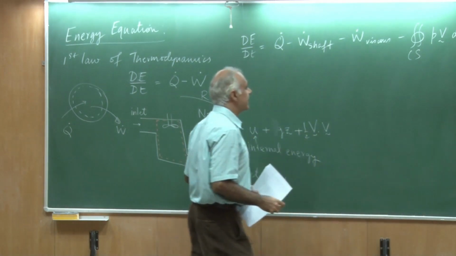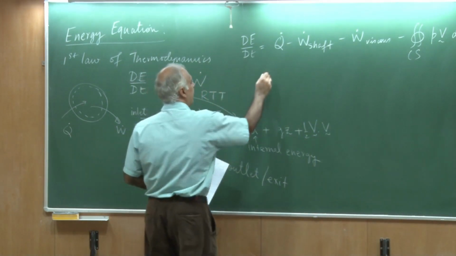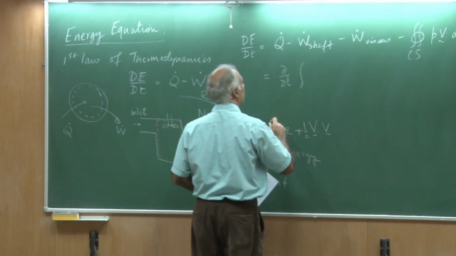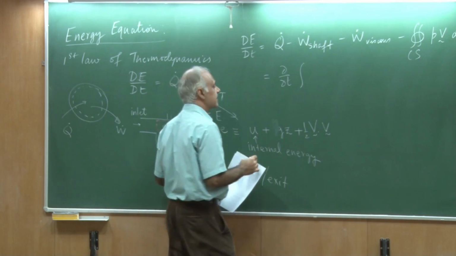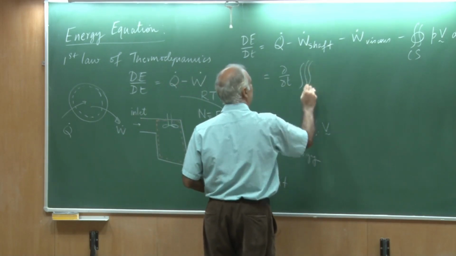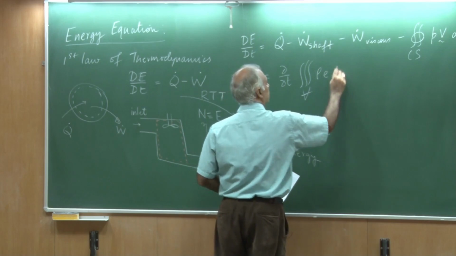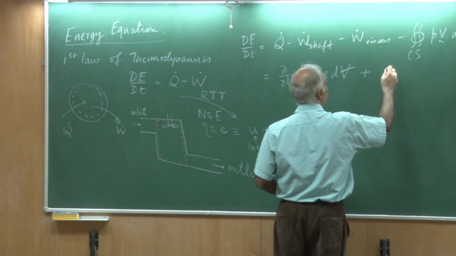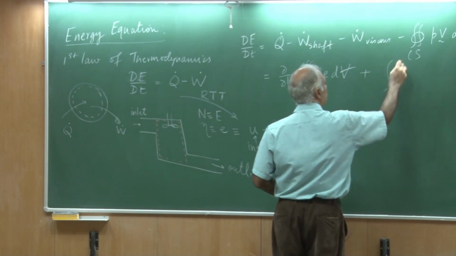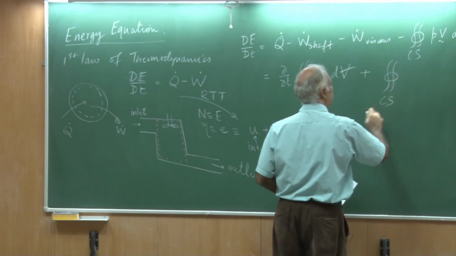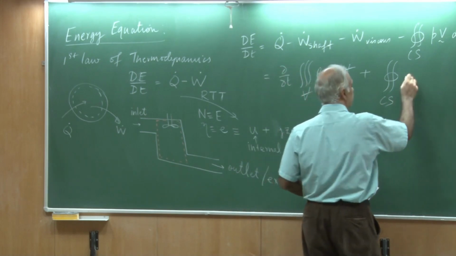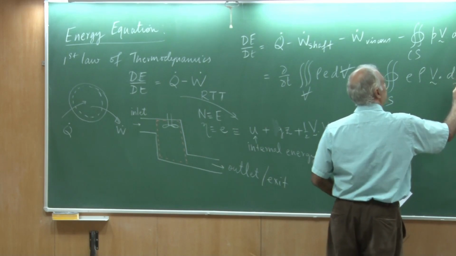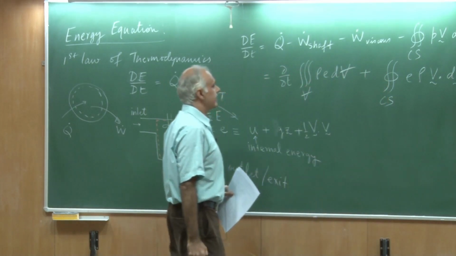So, these are at the inlet and the exit ports, and we were able to write this as the local change of energy inside the control volume, which is now rho E dV, and of course, whatever goes out or comes in through the control surface, and that would be given as E rho V dot dA.